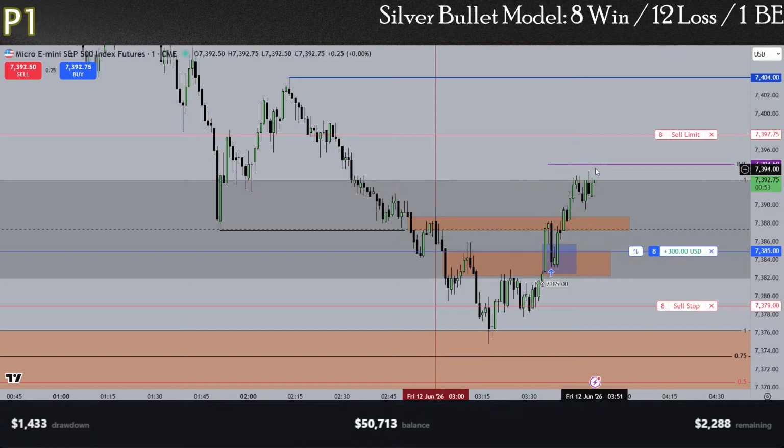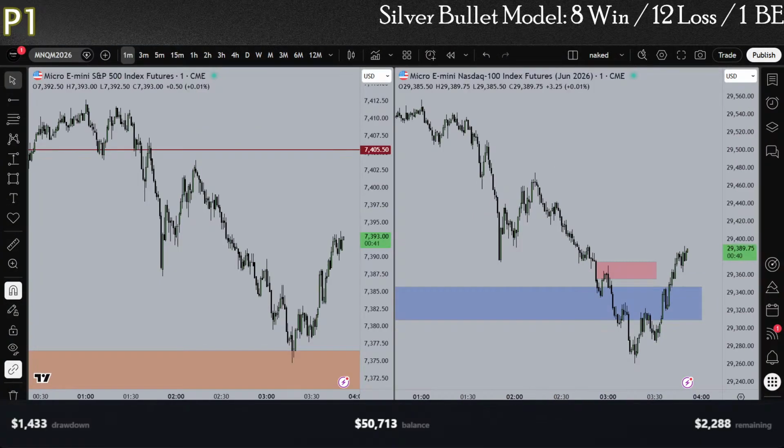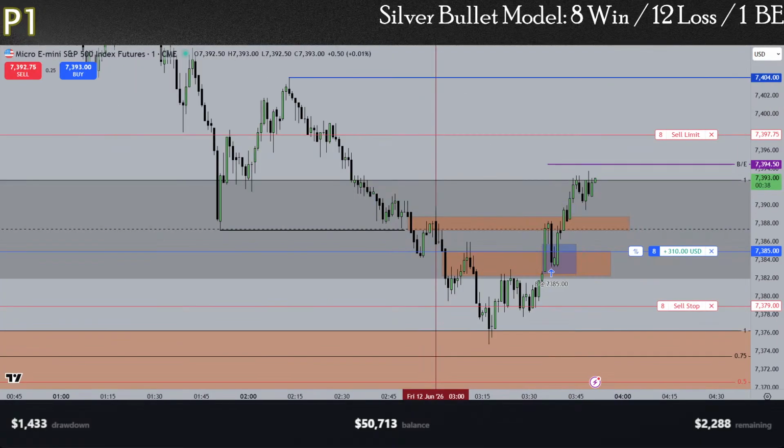All right, very close, hanging around the break-even price. The target is technically in striking distance too. Yeah, Nasdaq following up also. It looks all good, I would say.